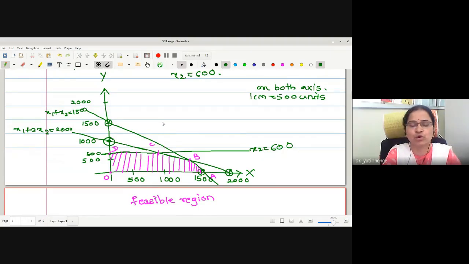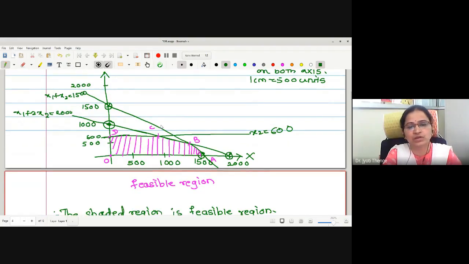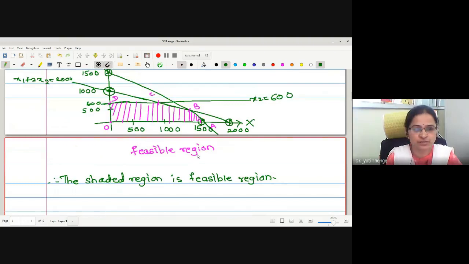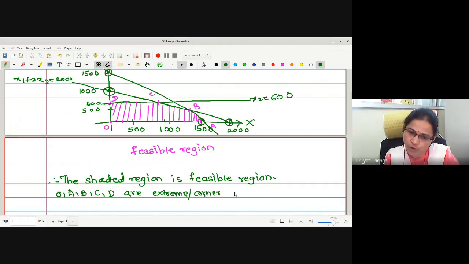Both the values are going to be non-negative. Therefore, the whole discussion is there only in the first quadrant. Therefore, the shaded region is the feasible region. O, A, B, C, D are extreme or corner points of the feasible region.